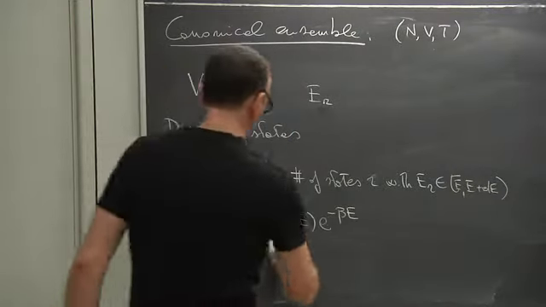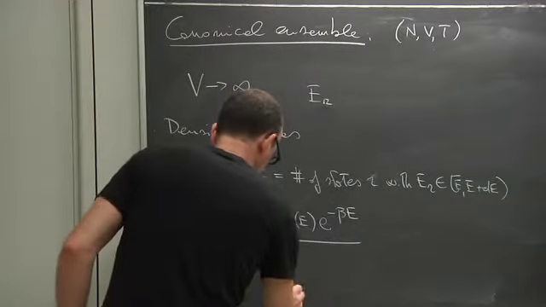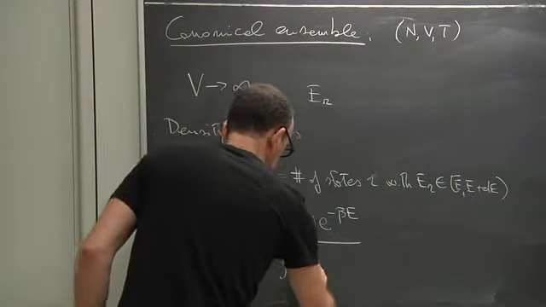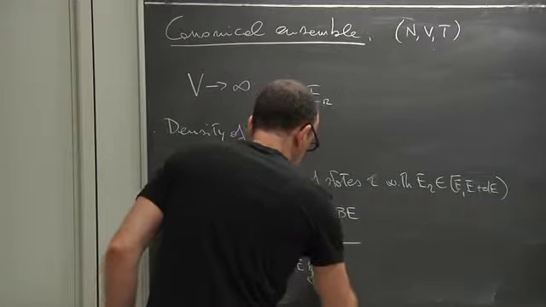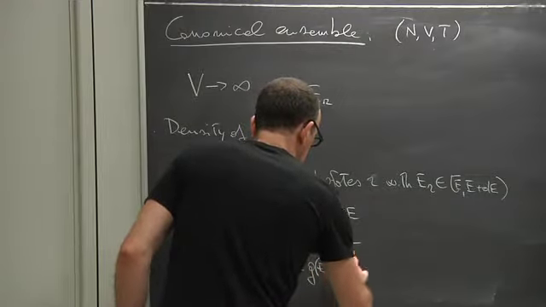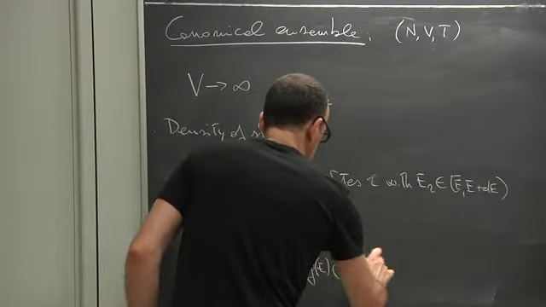And then this probability should be normalized, so I should have the integral over the energies of g(E) times e to the minus beta E.